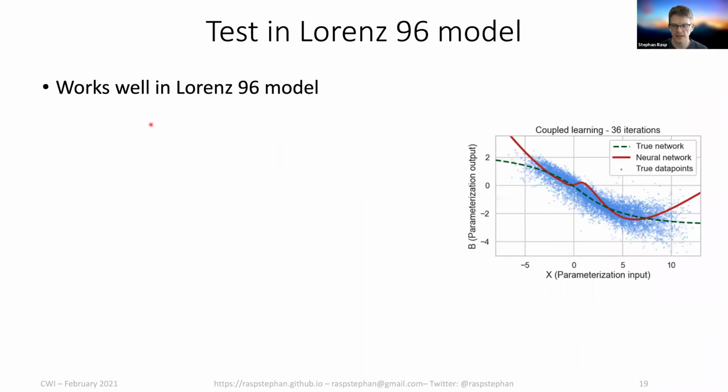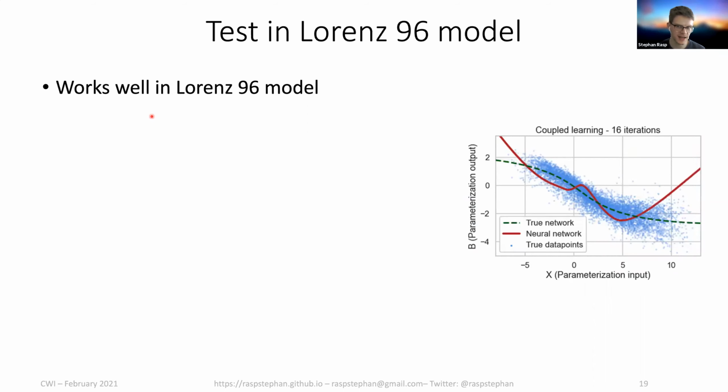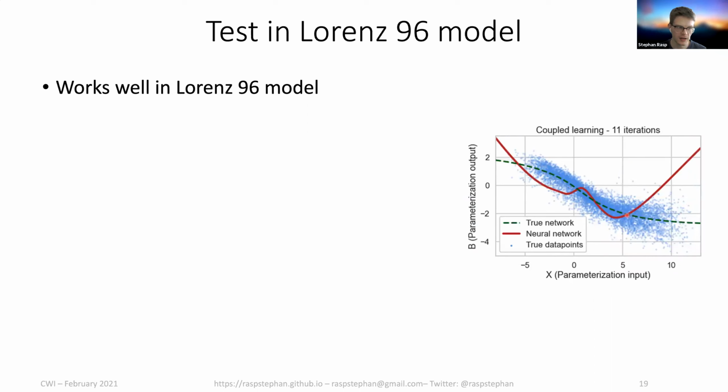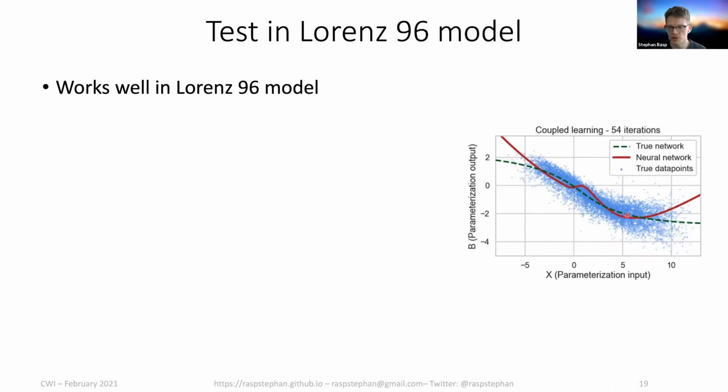And so I basically use this to test out this coupled online learning, and it does work quite well. So I started off with a pre-trained model that was trained on a slightly wrong data set, and then you can see during this coupled online learning, the neural network eventually gets closer and closer to the true solution to this parameterization problem.